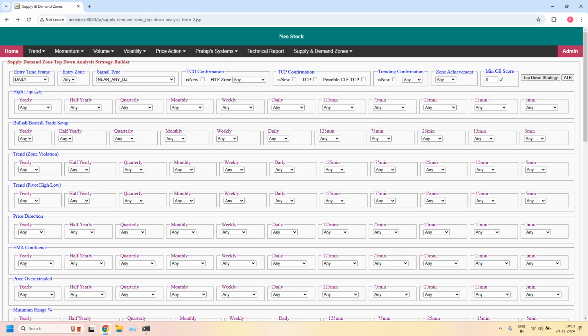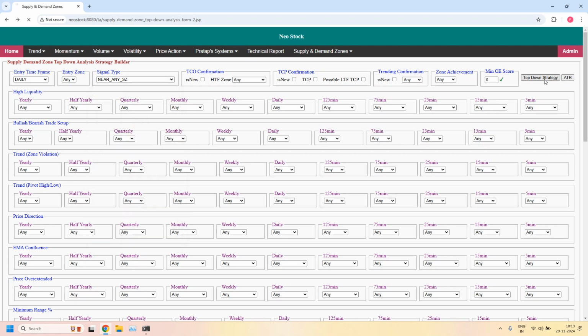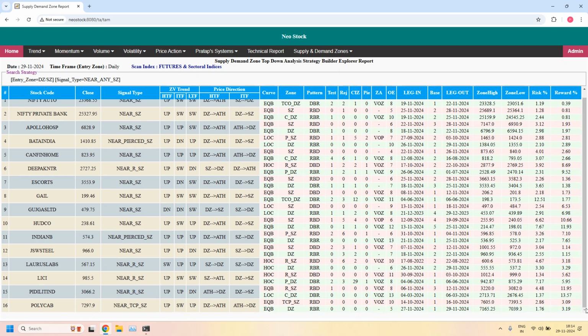Okay, next daily time frame. Let's find the stocks near daily supply zone. We got a big list. So 16 stocks are filtered. So let's identify high liquidity supply zones from this list.